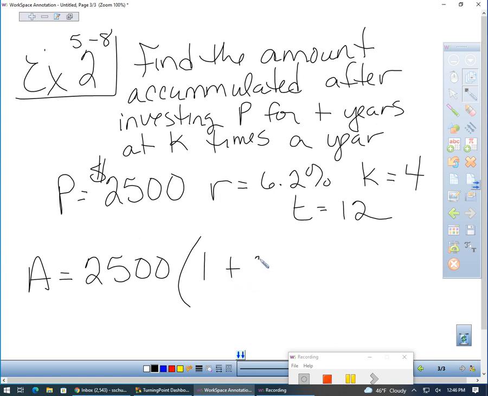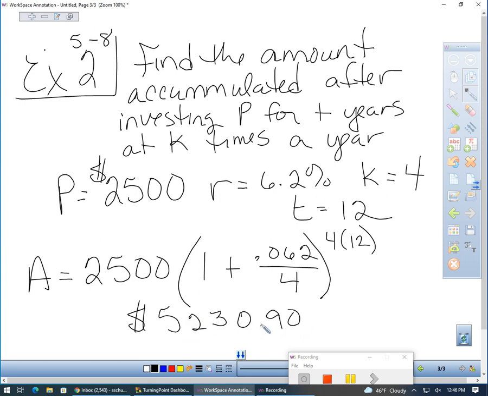Yeah, 0.062. Move that over 2 places. It is over K, which is 4, raised to the 4 times 12. All right. I got $5,230.90.